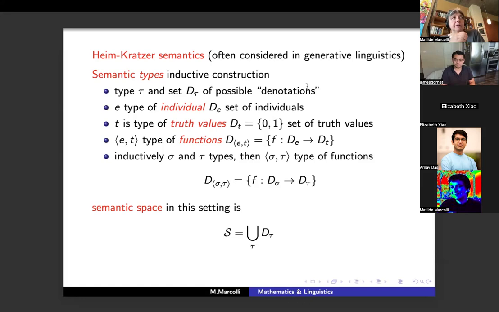These types are defined inductively in terms of functions, spaces of functions. And the idea is that ultimately these functions end up being evaluations into this set {0, 1}, which are assignments of truth values.